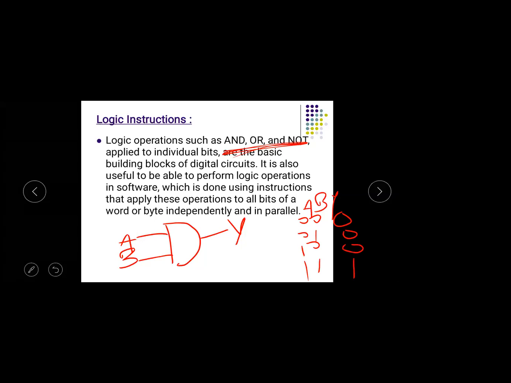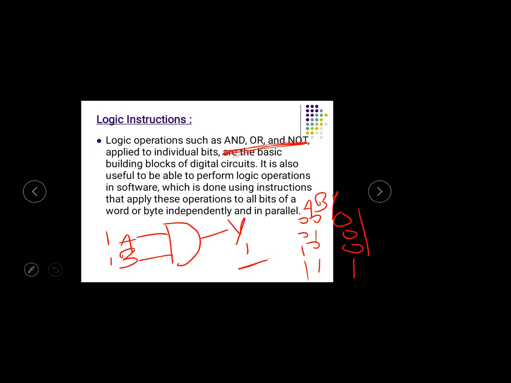And only for 1 1, the output is 1. The AND gate output is 1 only when the two inputs are 1. Otherwise, the output is 0. AND gate ki both inputs 1 అయినప్పుడు మాత్రమే output 1 వస్తుంది. In the remaining cases, the output is 0. This is called the AND gate.